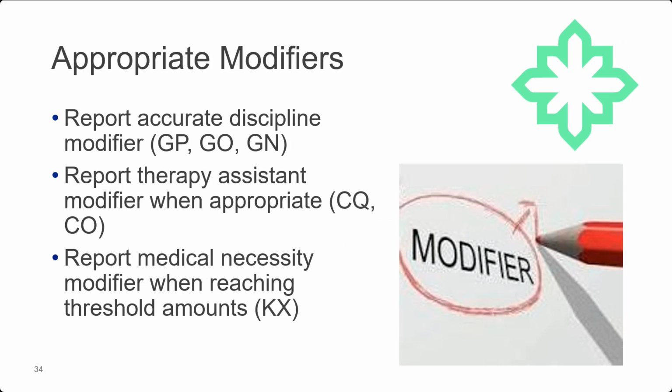The SLPs don't get a therapy assistant, unfortunately, so that only applies to the PTA and OTA. There are some fact sheets on the CQ, which is the PTA modifier, and the CO, which is the OTA modifier, listed in the resource section of this presentation.